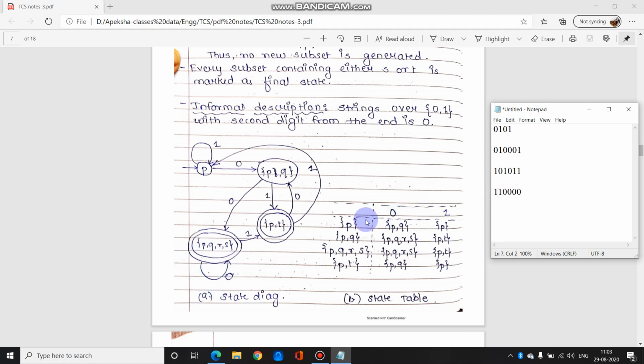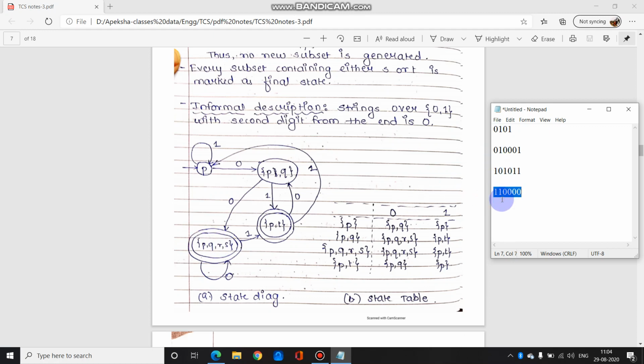See, first one is leading to P1 state. Next one is again leading to P1 state. Next 0 is taking us to this state. Next 0 is taking us to this state. This 0 remains in the same state. This 0 remains in the same state. Which means this example also is taking us to the final state. So this string is acceptable.